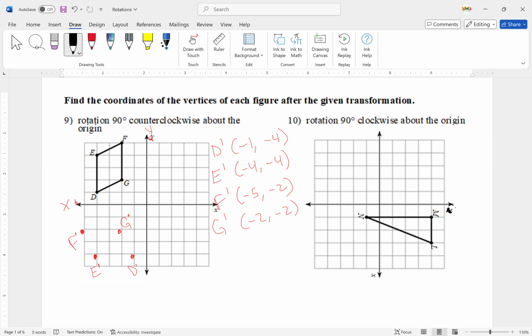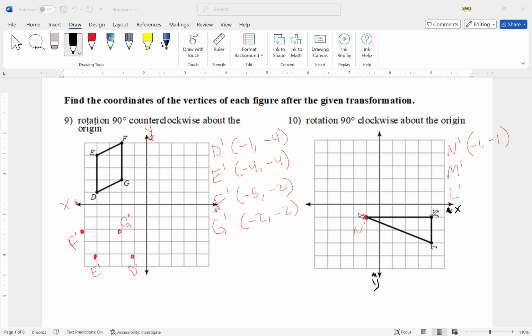So this is going to become X as it usually is, and this is going to become Y as it usually is. And I'm going to get my coordinates of N prime, M prime, and L prime. What are the coordinates of N prime? Where's N right now? This is N prime. Well, that's -1, -1.